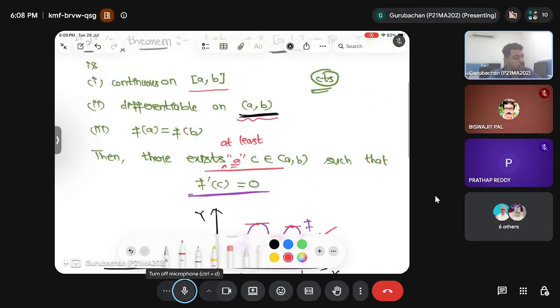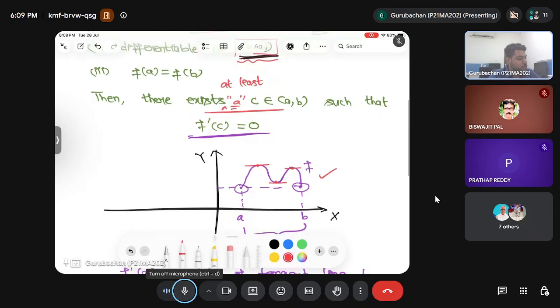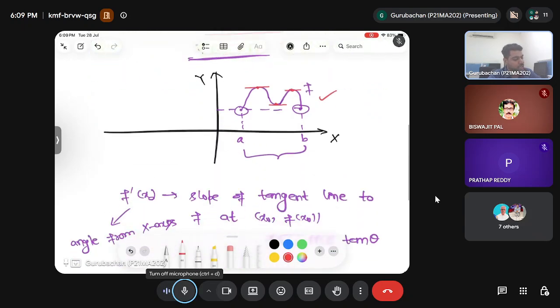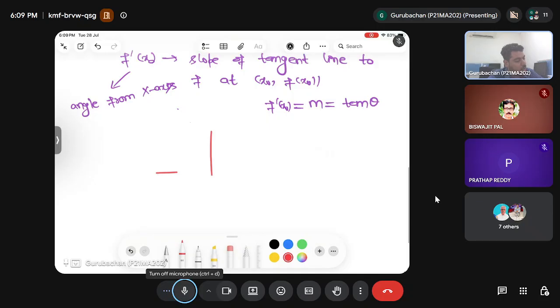Next, my question was why we are talking only about the open interval. The answer is that there is a possibility that at the endpoint a, our function may not be differentiable, or it may have a different tangent. For differentiability, suppose this is the function mod x.